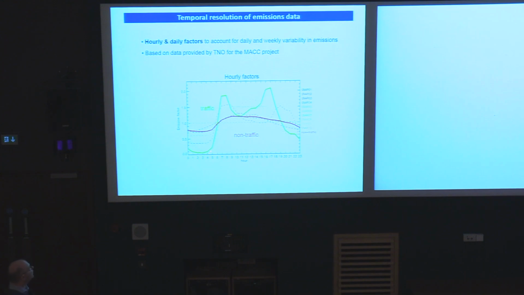However, if you look at the emission fluxes from other SNAP sectors that represent traffic, here you have a morning rush hour peak and an afternoon or evening rush hour peak with lower values in the middle.